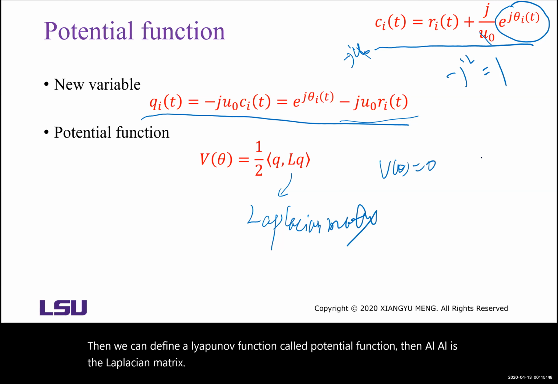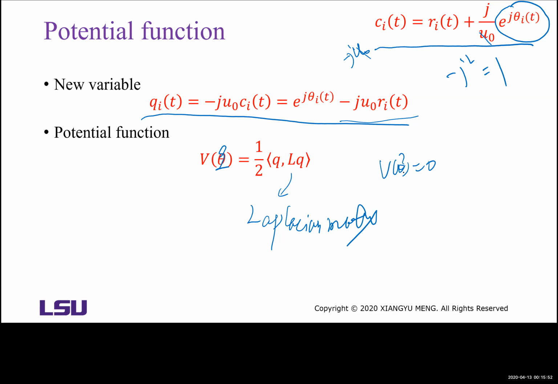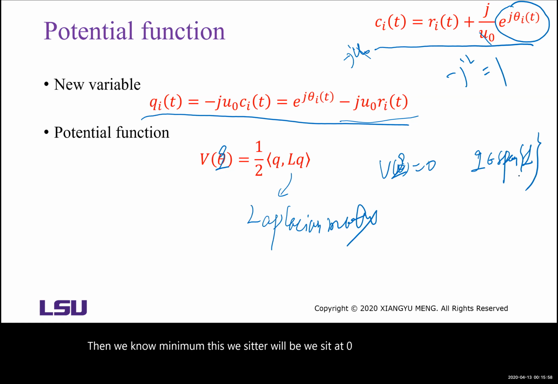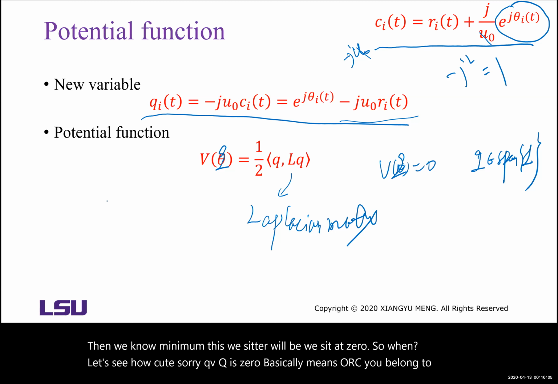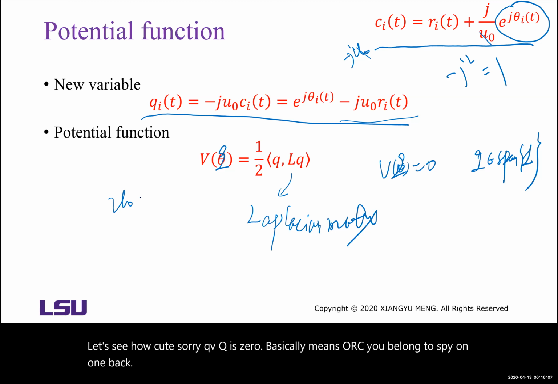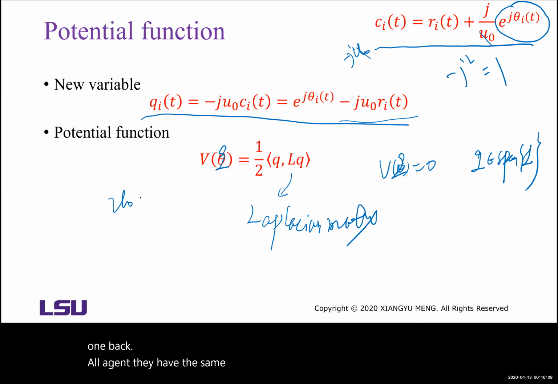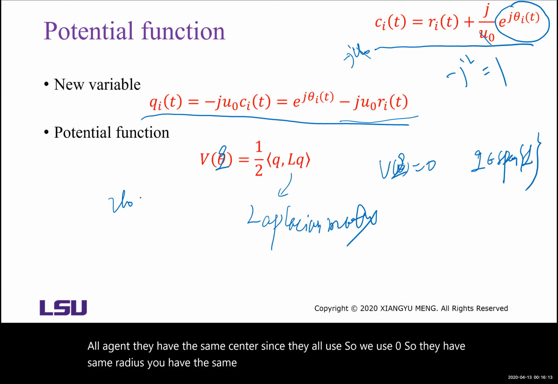So let's say we have Q. So VQ is 0, basically it means all Q belong to the span of the all-one vector. Okay? Means all Q is same. Basically means all agents have the same center. Since we use U0, they have the same radius. You have the same center, same radius. Okay, they rotate around the common center.